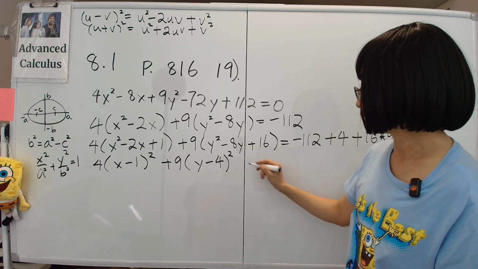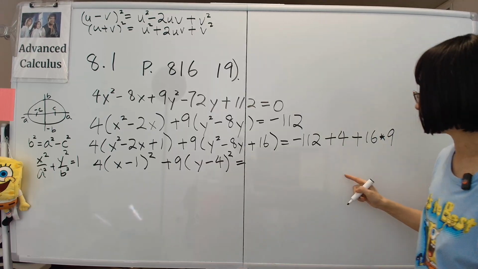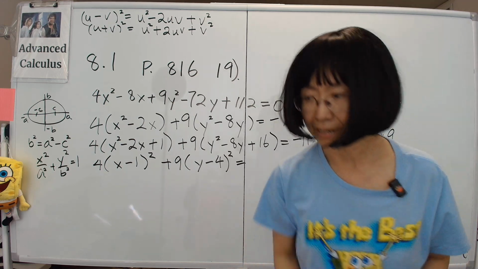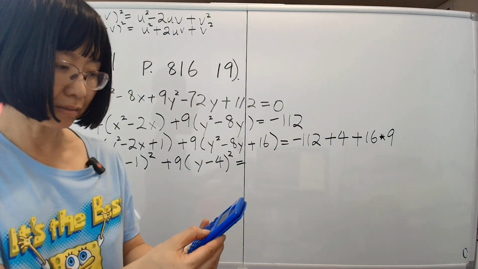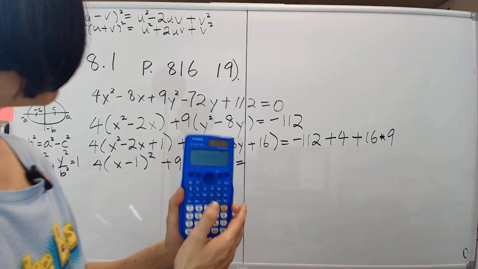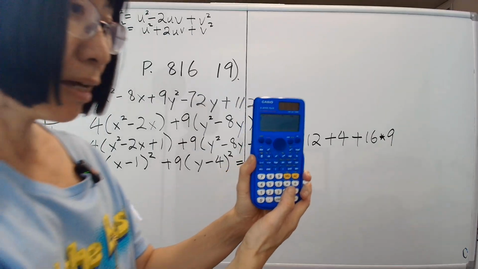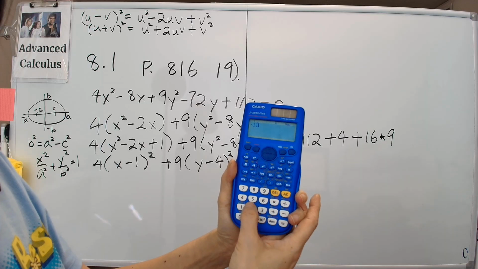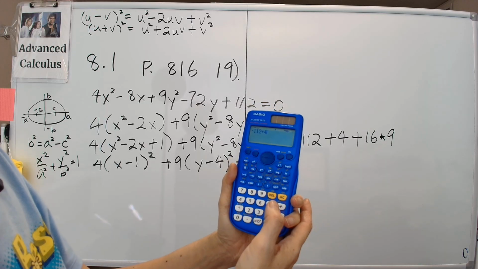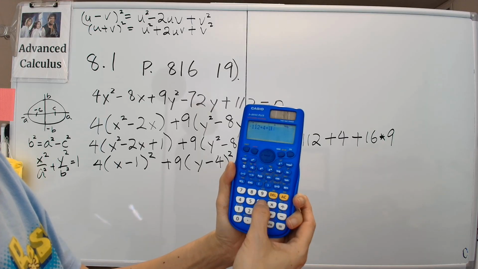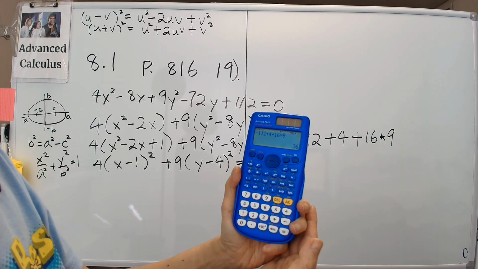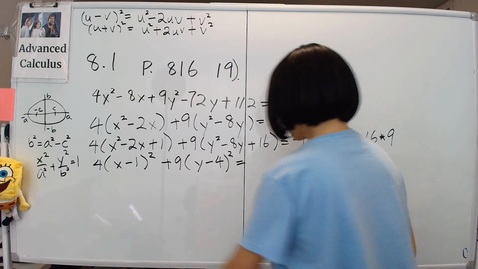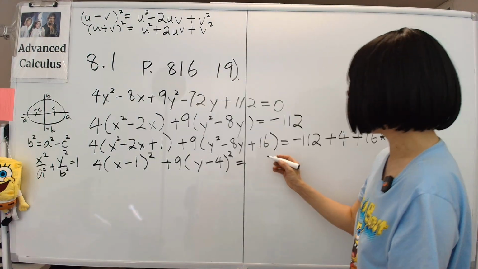And so that will be equal to, on this side, I'll use my calculator to crank it out. Negative 102 plus 4, and then plus 16 times 9. That gives us 36. Okay, that is perfect. So this gives us equal to 36.